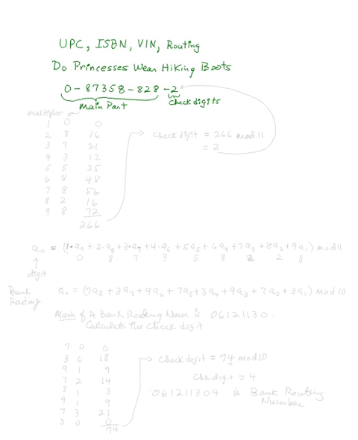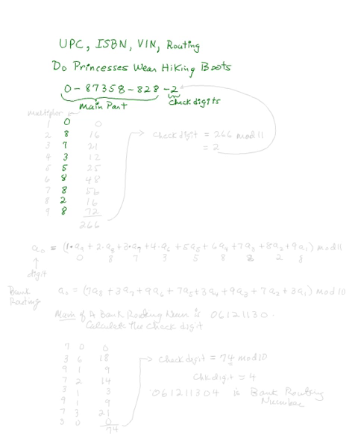So the main part I'm just going to write down, and you can write this horizontally as the book does, or you can write it vertically. I'm going to write it vertically. This is my number, 087358828.